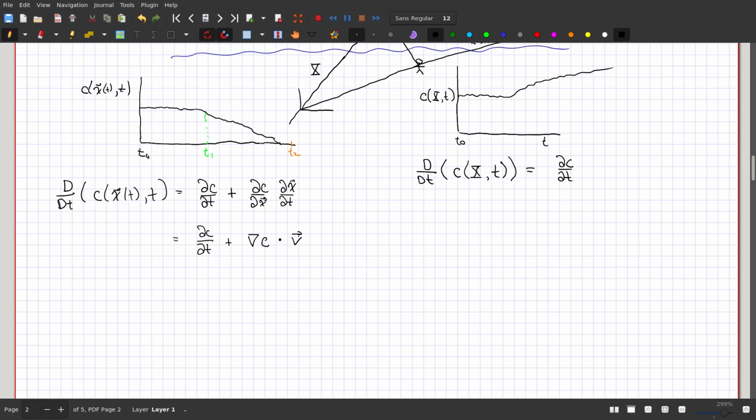So this x is a position vector, and the time derivative of the position vector we call velocity, right? And this is a gradient operator because x is a vector. C is a scalar in this case, so the gradient of a scalar will give you a vector. You have a vector and a vector, you take the dot product, it gives you a scalar. Whenever you're doing continuum mechanics and working with tensors, scalars and first and second order tensors, it's always useful to look at your terms and see if they make sense.